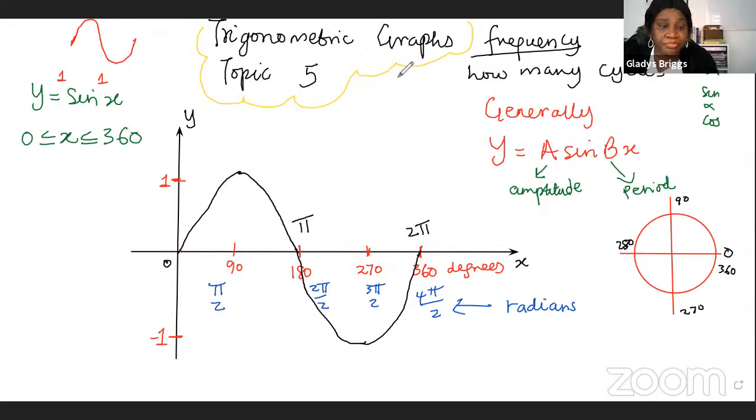I need your graph to be neater than mine. Guys, sketch that and send it to me straight away.